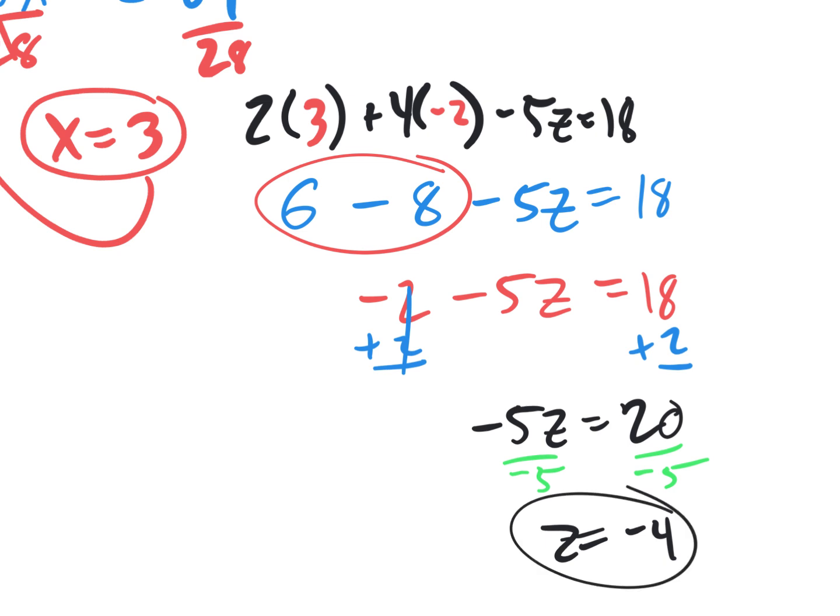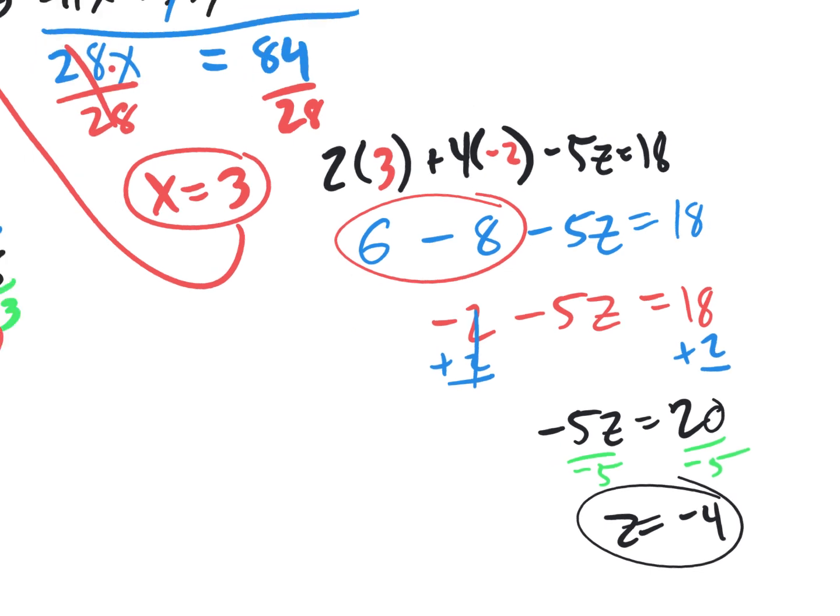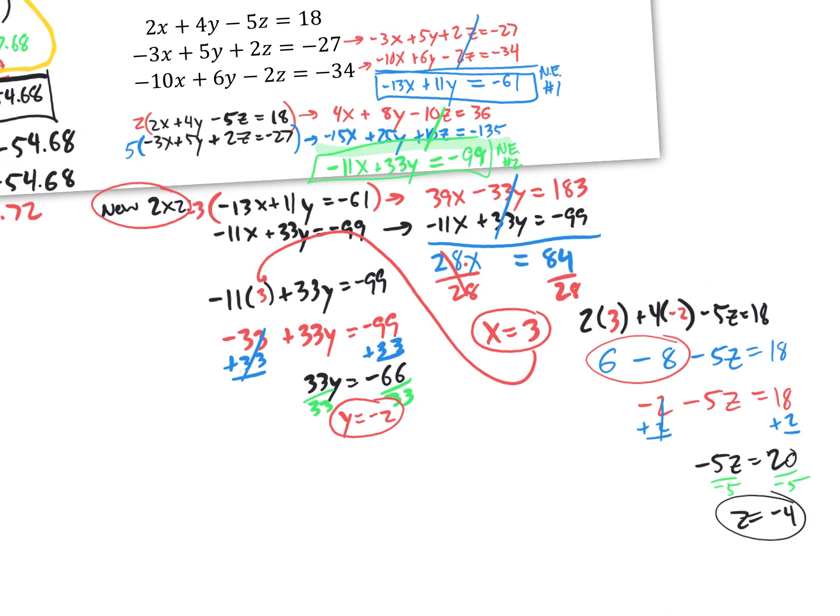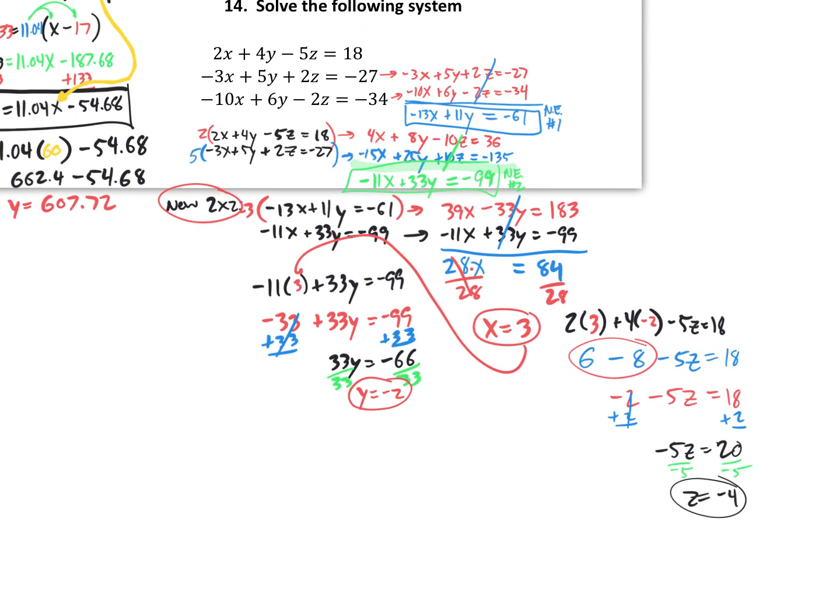So we have our x, we have our y, and we have our z. Give me a second. I'm going to zoom out and show you. So the ordered triple to this last question is parenthesis x first, that'd be a 3, y second, negative 2, and z, negative 4 being third.